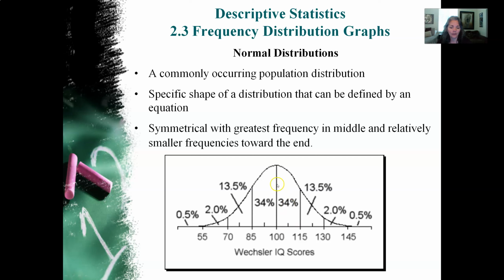They all equal one another. There's 50% of scores below and 50% of scores above, and it breaks up into these perfect intervals where I can say about 70% of the entire population falls within one standard deviation, and then about 95% of the population falls within 2 standard deviations.